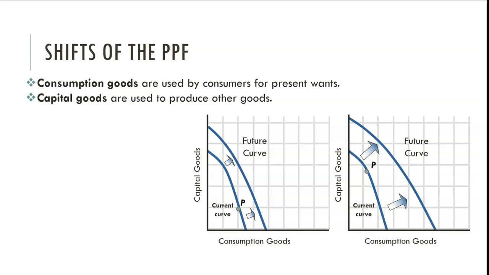So in this first graph here on the left, we see that we have a lower level of capital production and a higher level of consumption production. We're going to see this small shift outward of our production possibility curve because we are investing some of our resources in capital today. In the graph on the right, we've significantly increased our capital production.